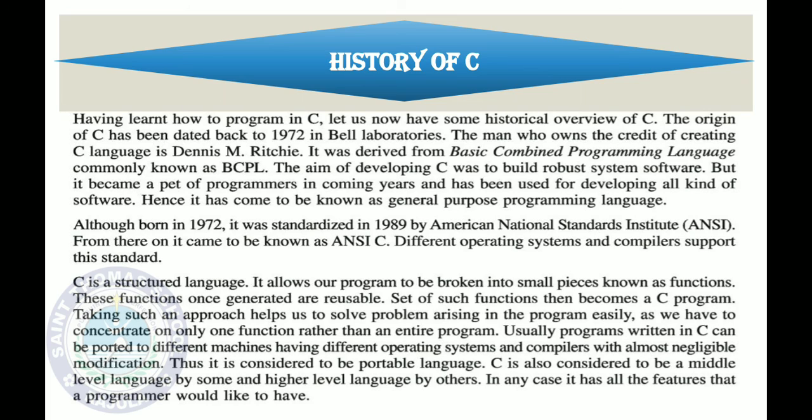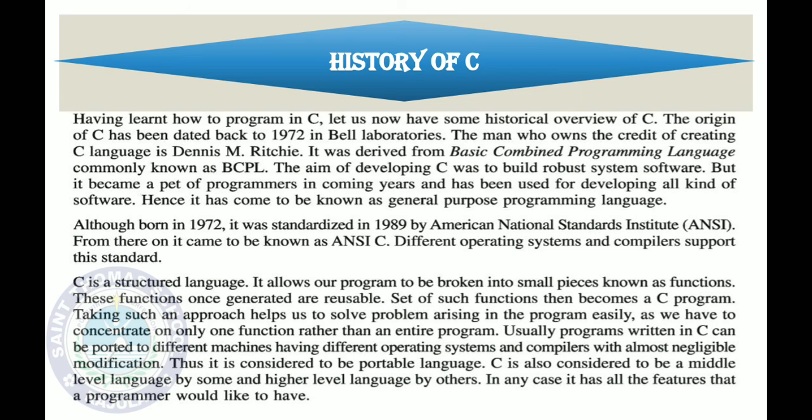C is also considered to be a middle level language by some people and a higher level language by others. So it is considered as a middle level language or a higher level language. In any case, it has all the features that a programmer would like to have. Okay, means C is a general purpose programming language.